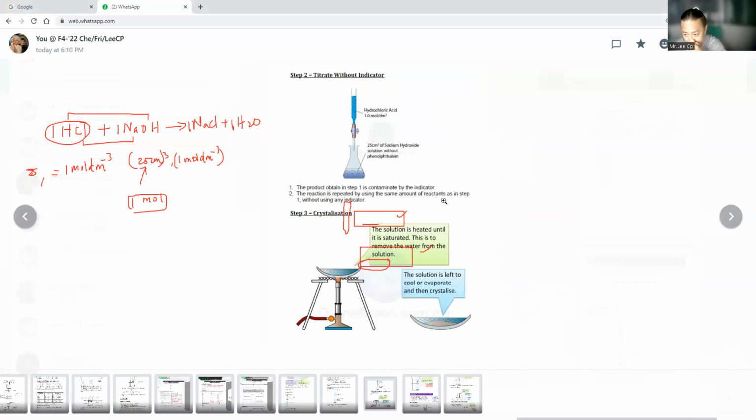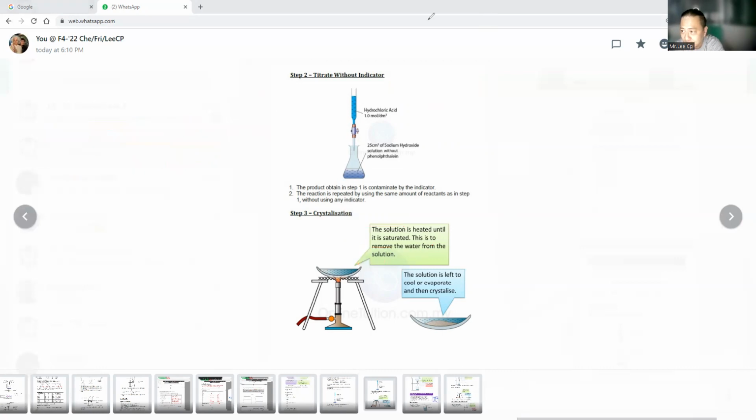All right. Now, the second one, the hydrochloric acid without the indicator. Now you titrate the acid with sodium hydroxide without phenolphthalein. Without phenolphthalein is because the product obtained in step 1 is contaminated by the indicator.